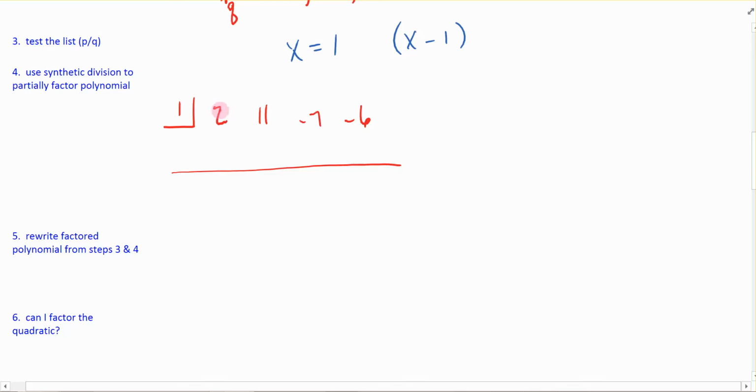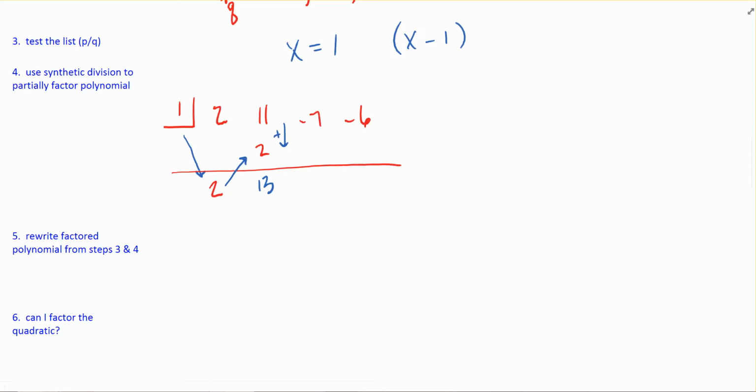So when we do synthetic division, we're only interested in the coefficients, and the process that we use is basically multiplication and add. So I am going to multiply 1 times 2, and I get 2, obviously. And then I'm going to add straight down. So 11 plus 2 would give me 13.